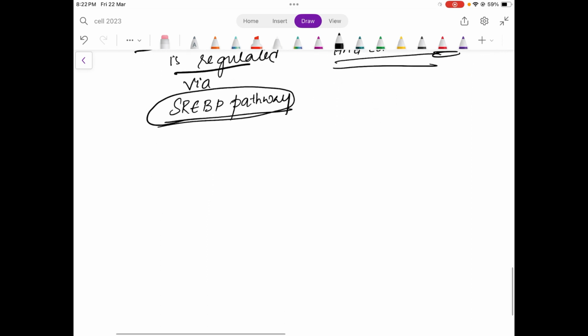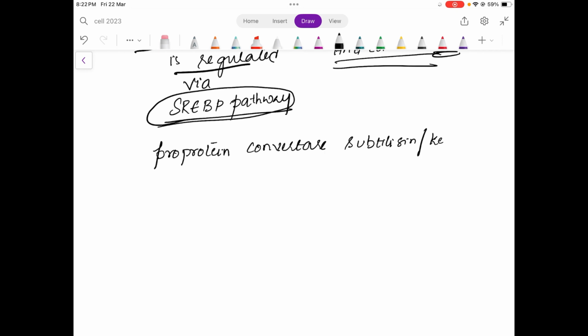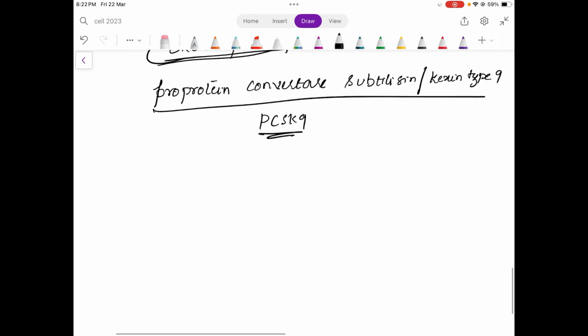And there is one more mechanism, a recent advance seen in LDL metabolism, where there is a protein molecule called proprotein convertase subtilisin or kexin type 9, called PCSK9.